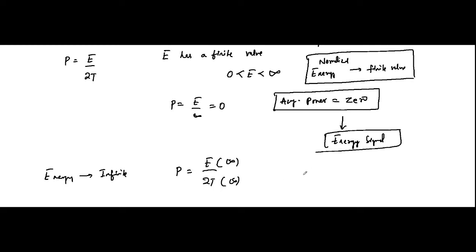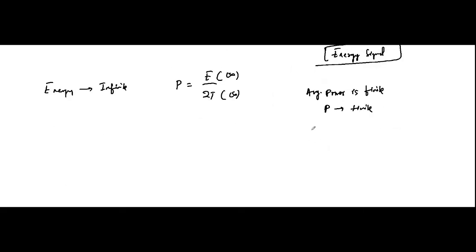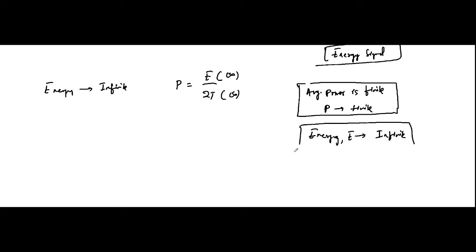That leads to a finite power value. The average power is finite, but energy E is infinite. These two combinations give us a power signal.